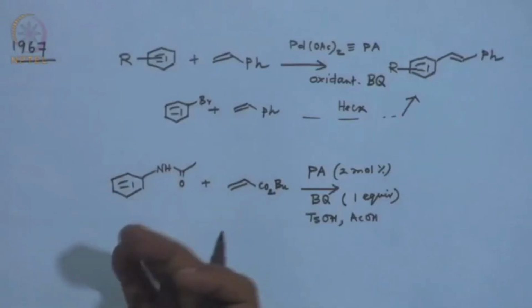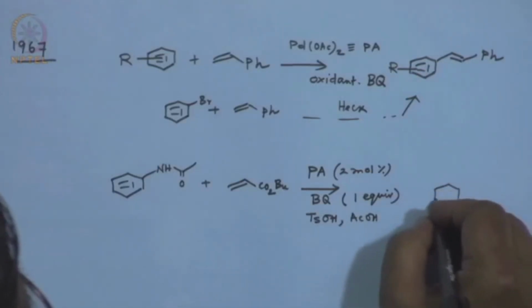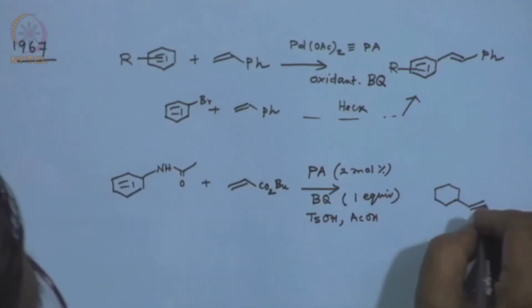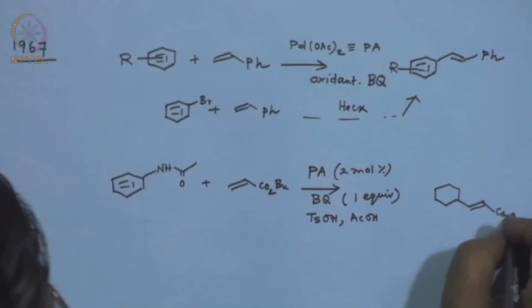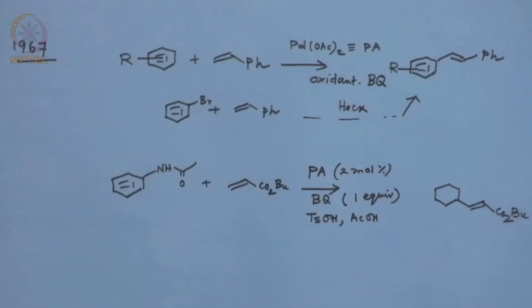In this case, normally we do not expect any reaction, because it does not satisfy the prerequisites of the Heck, Suzuki, Negishi reactions, etc. But it is again a new kind of reaction. If you see the product, it is known as alkenylation.